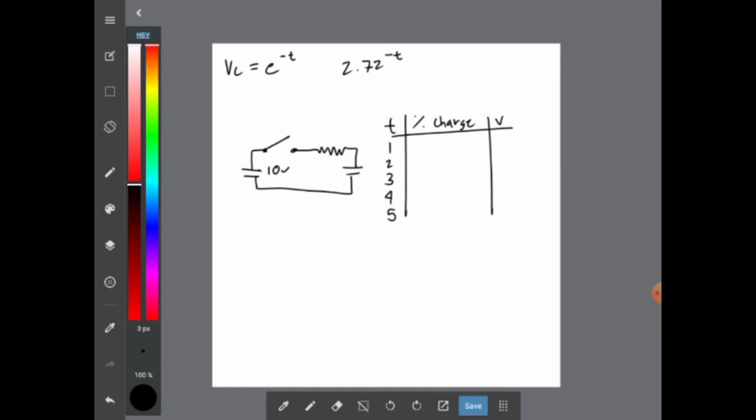Okay, so this time 2.72 raised to -1. So we get the percentage of the first time constant is 36.7%. As for the 2, 13.5%.